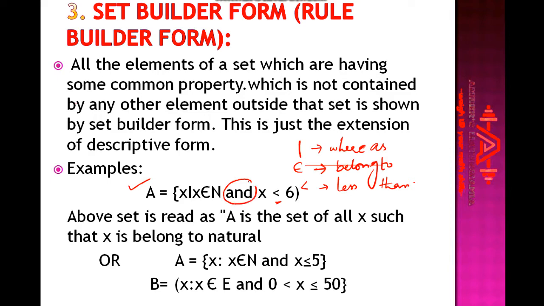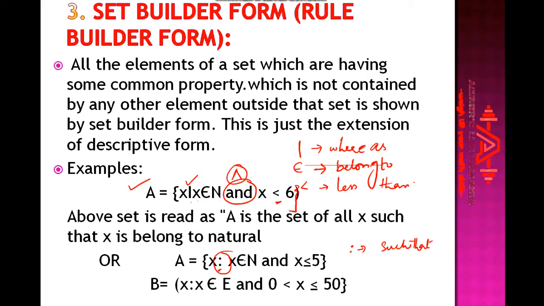And instead of this 'and', we can write this. This will read as x, whereas x belongs to N, meaning natural numbers, and, or we can use this sign instead of 'and', x is less than 6, curly braces close. Or this statement can be written as x such that, these two dots meaning such that. Instead of these two dots, we can use this as well.